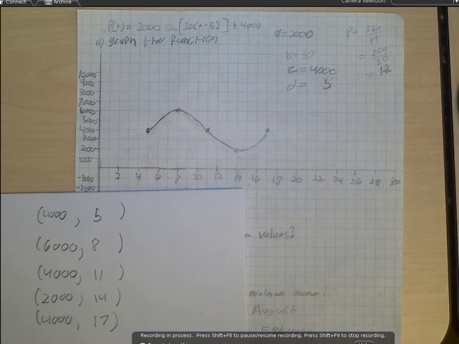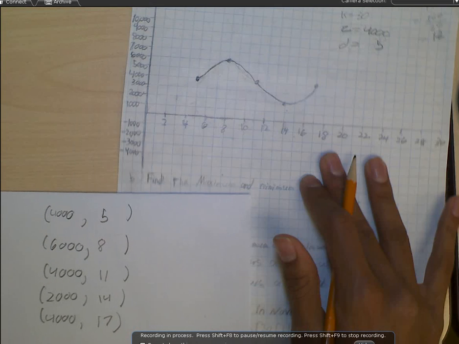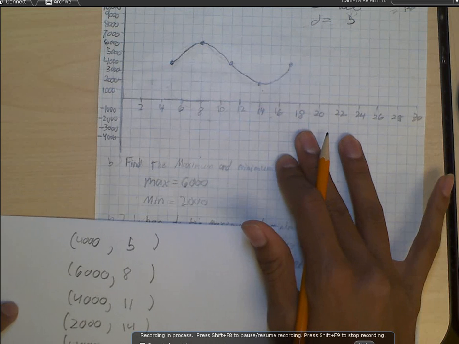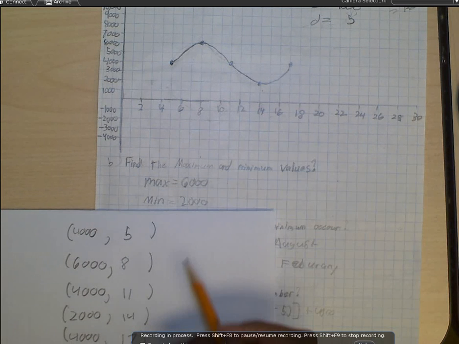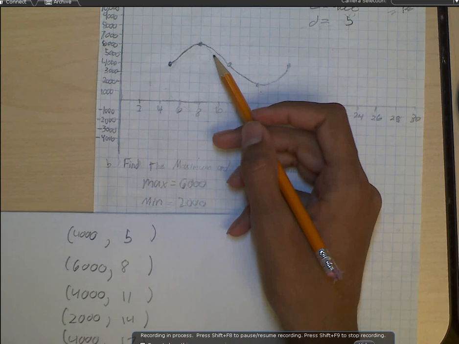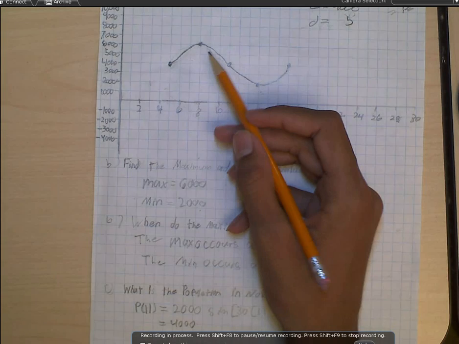Now that we have the graph and the function, we will be able to answer any question that has to do with this scenario. For example, find the maximum and minimum. Well, the maximum was 6,000, and the minimum is 2,000, and where I got that from was the graph itself.